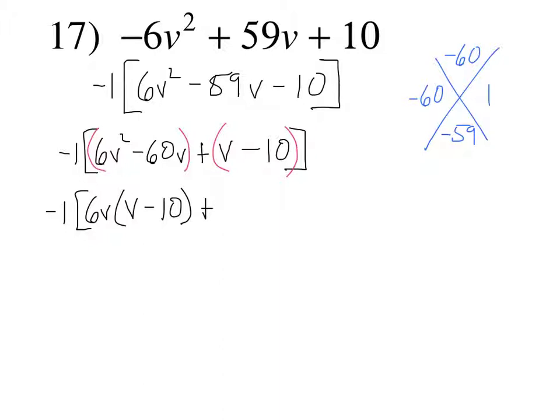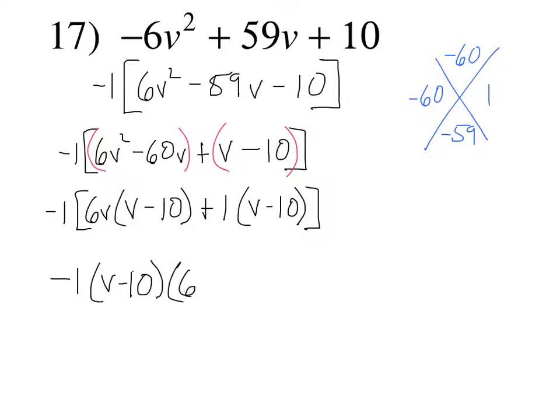Second group, what are we factoring out? 1, there's nothing else other than a 1 as a placeholder. So we have v minus 10 there. Then v minus 10 is our common factor, and we have 6v plus 1. Good work.